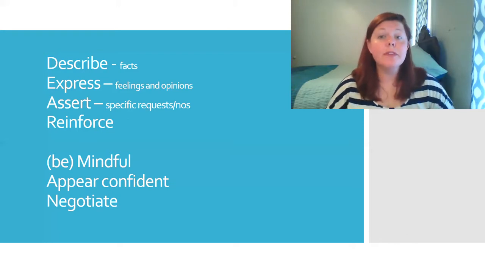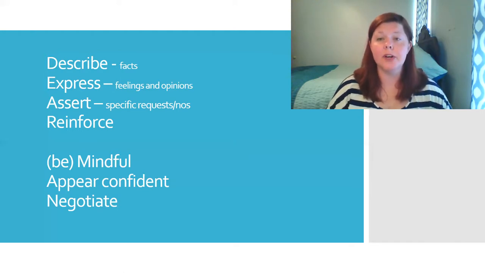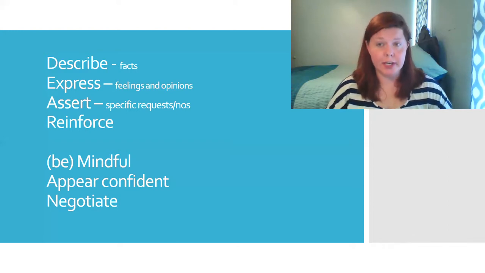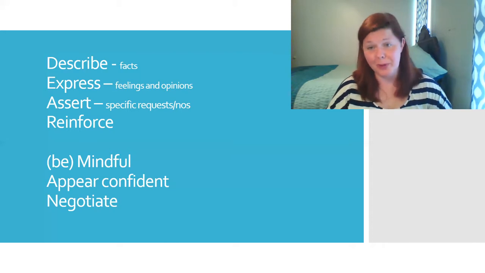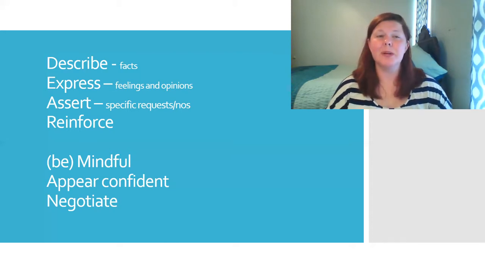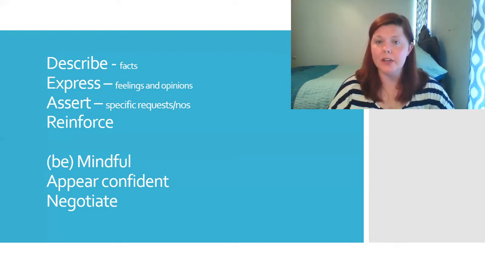You would then move into express pretty seamlessly. This is where you go over your feelings and opinions about a given situation, okay? So you want to be strategic here, especially if you know the person across from you. There might be certain things that you know they tend to shut down for. Avoid those, and other things where they really, really will slow down and listen to you.